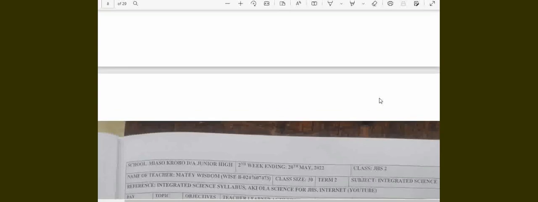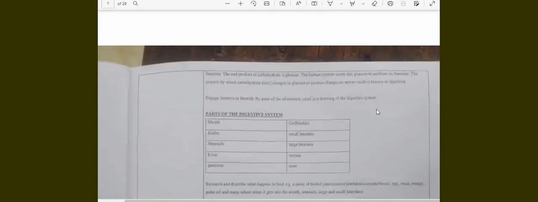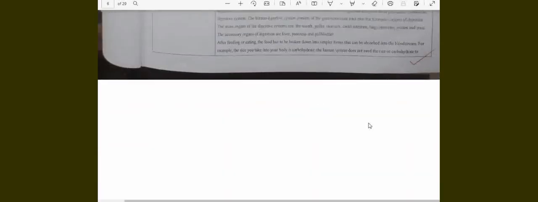And if I go to JHS 1, 2, I have the core competencies to be achieved at the end of this particular lesson. So I have communication and collaboration, 7.4. I have digital literacy, 5.5. Digital literacy, 5.1. So almost the various components and aspects of digital literacy should be treated.